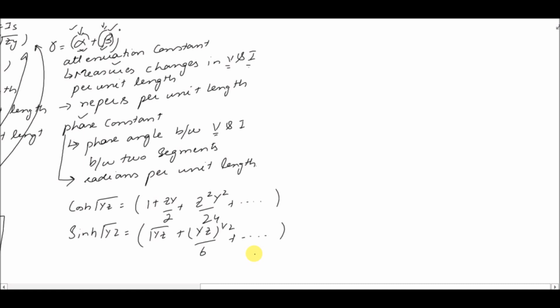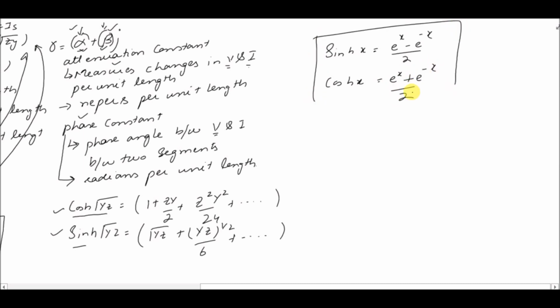So you will have to use the first 2 or 3 terms of these expansions to calculate the values for the cosh and sinh terms. Or you can also use the sinh formula, e to the x minus e to the minus x over 2. Similarly, for cosh x, it will be e to the x plus e raised to minus x by 2.